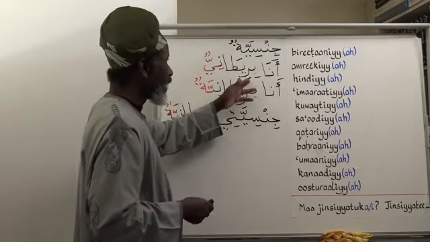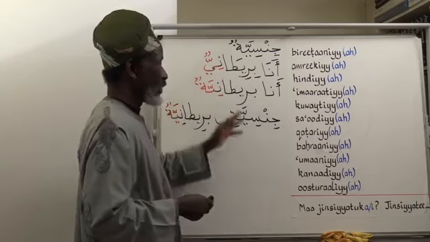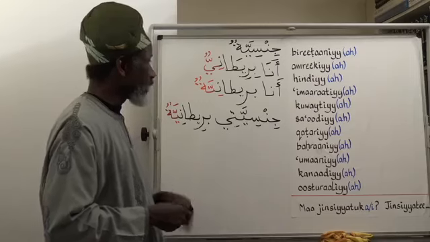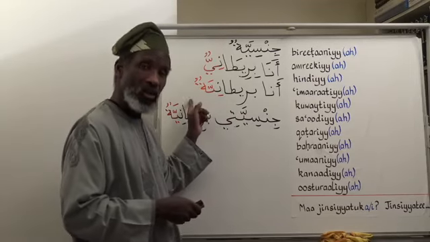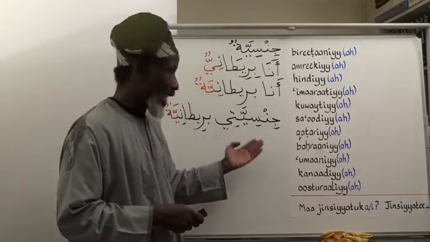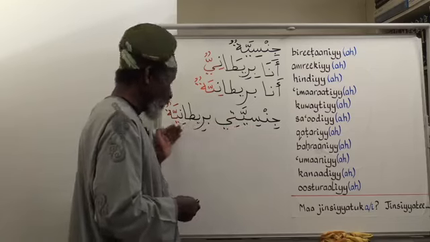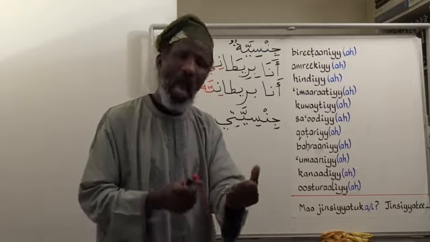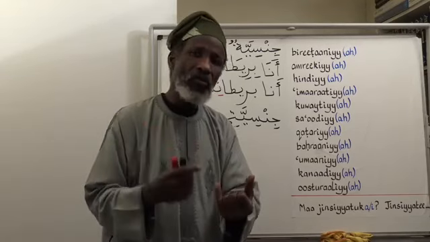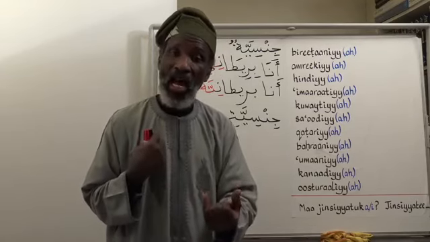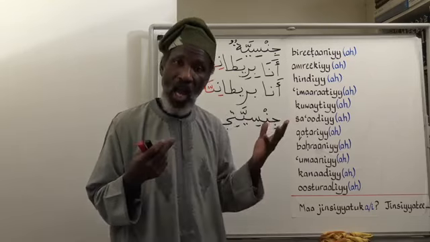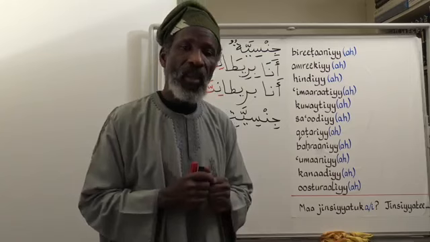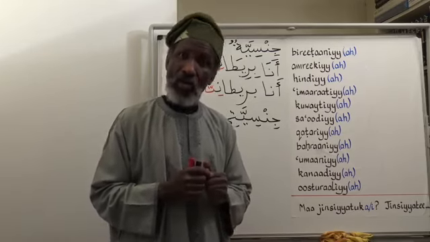So, Ana Britaniyun. Jinsiyati Britaniyatun. A female will say Ana Britaniyatun, and also she will say Jinsiyati Britaniyatun. So 3 ways now. Let's say, where are you from? You can say Ana min Britannia. That's the name of a country. I am from Britain. Are you British?